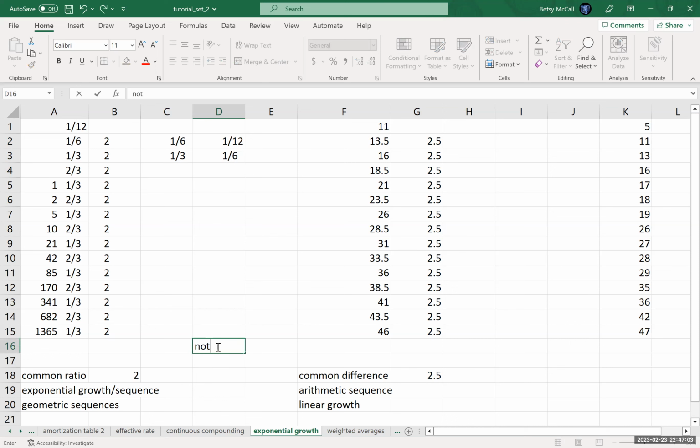So this is not linear. If I take the ratios in my linear sequence, I don't get the same ratio each time. So 13.5 divided by 11, and then 16 divided by 13.5, I'm getting different values. And so that's telling me that this is not geometric.